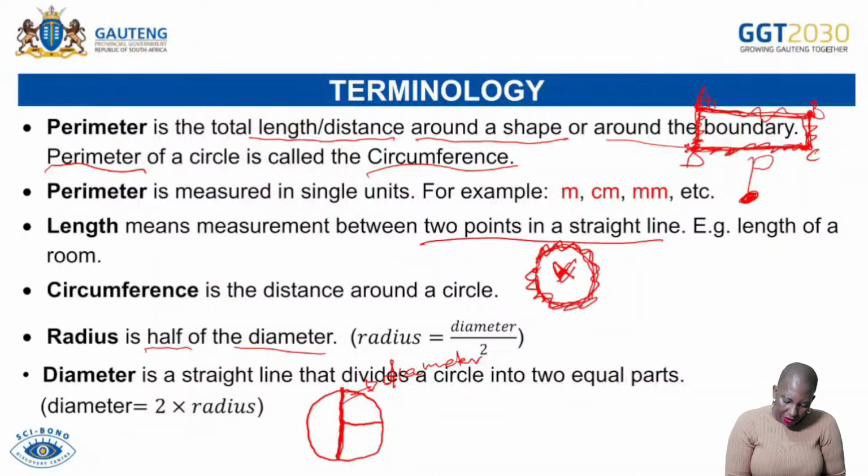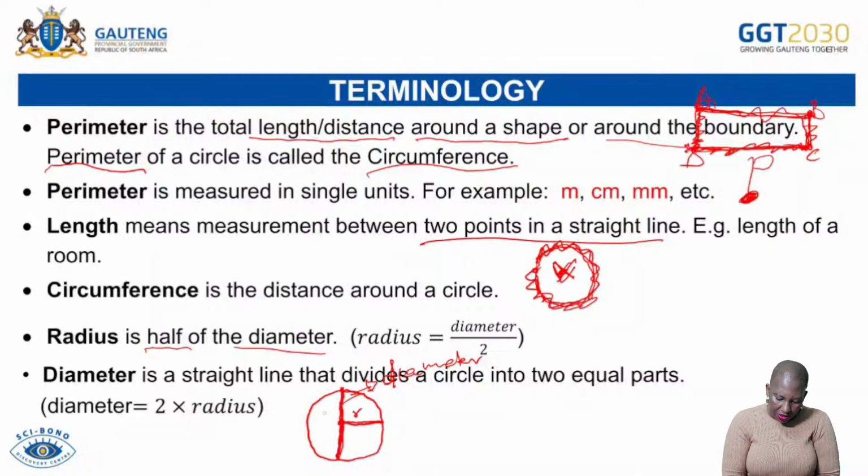Now on the other half, from the middle up until the other end of the circle, that is our radius. So radius is half of the diameter. There will be a good example that you'll understand with ease when we see our calculations. But here, what you need to understand is that radius starts from the center and is half of the diameter.